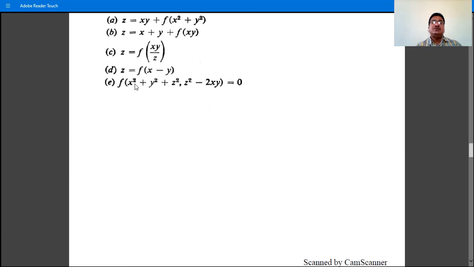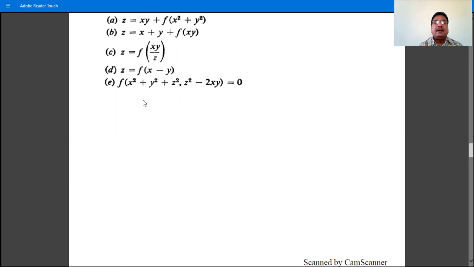So this last problem, f of (x square plus y square plus z square, z square minus 2xy) is equal to 0. This is of the type f of (u, v) is equal to 0. So denote x square plus y square plus z square as u and z square minus 2xy as v, and then use the formula: small p times dabba (u, v) divided by dabba (y, z) plus small q times dabba (u, v) divided by dabba (x, z) is equal to dabba (u, v) divided by dabba (x, y).